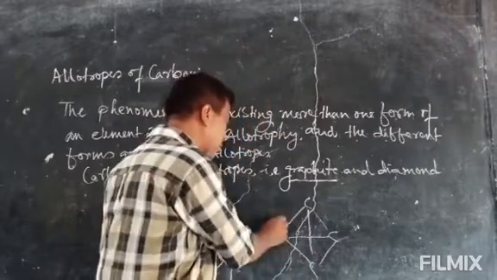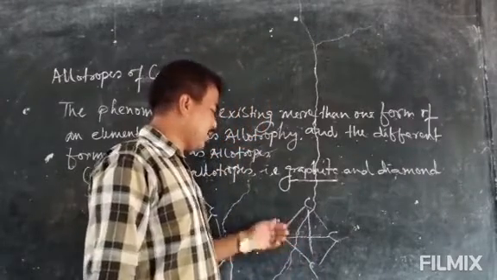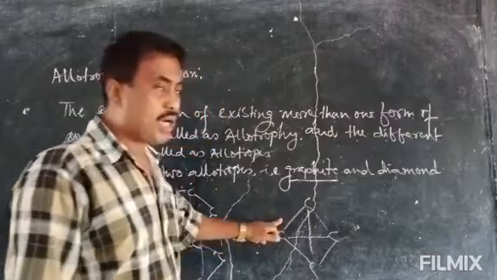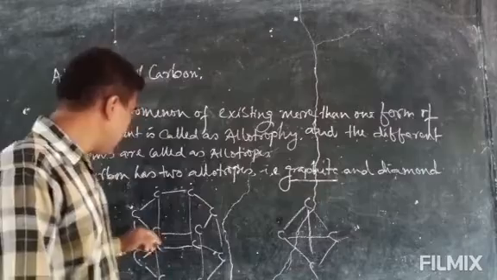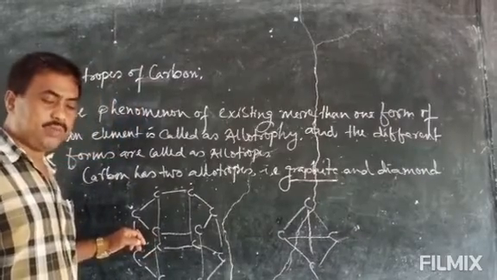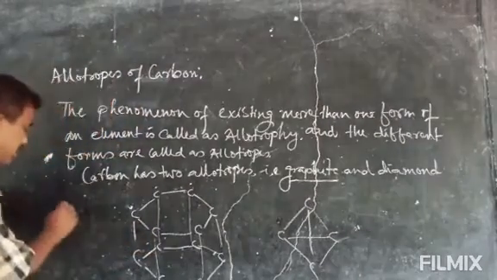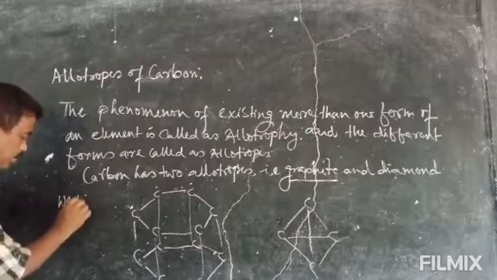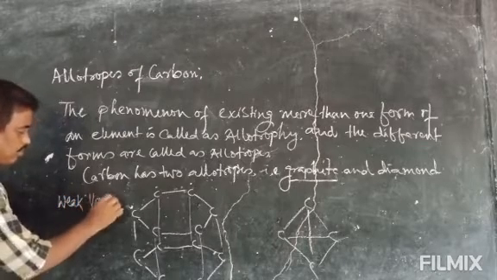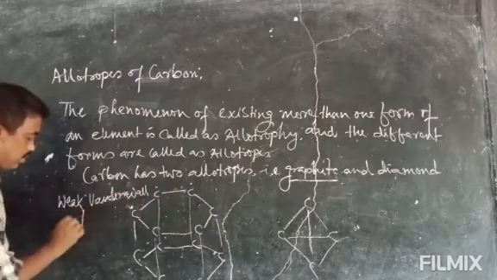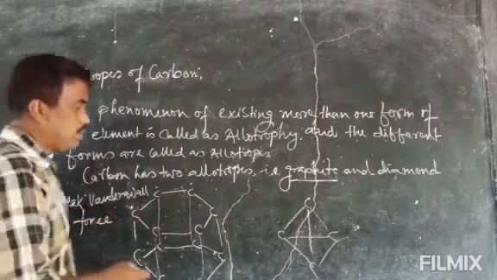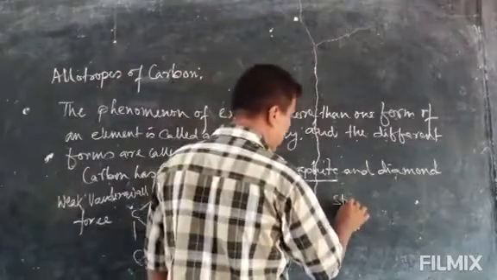In diamond, the force of attraction is a strong covalent bond, whereas in graphite, the force of attraction is a weak van der Waals force.